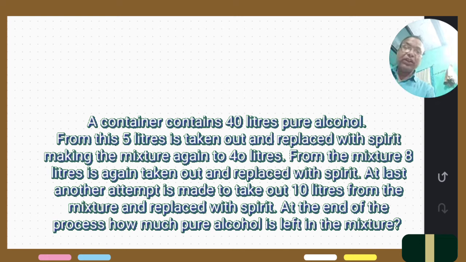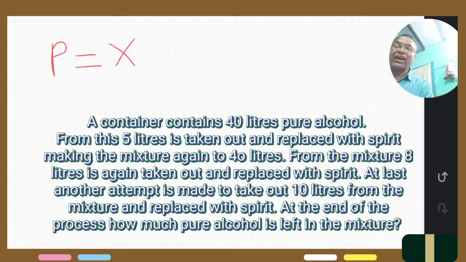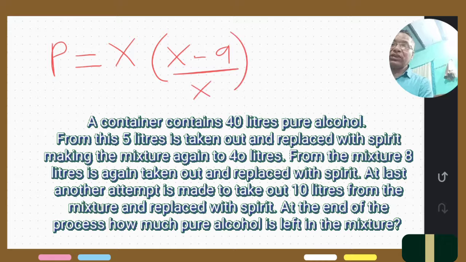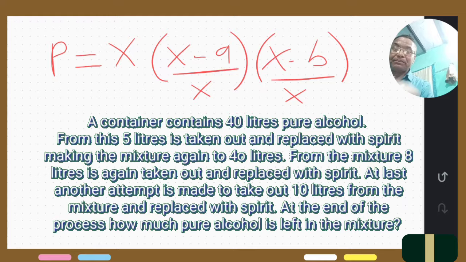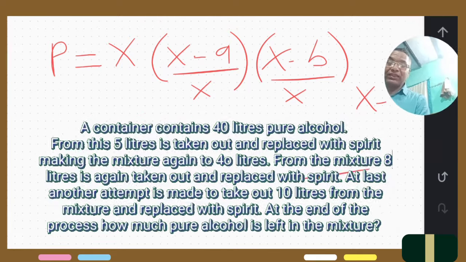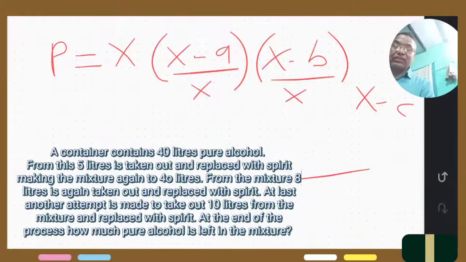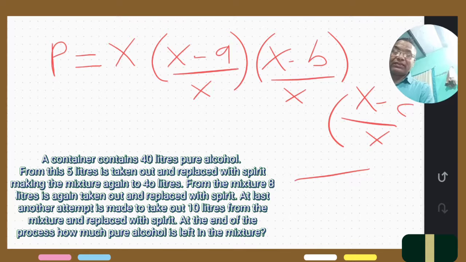Purity of alcohol, we gave the name P for purity, is equal to total contents, total contents we took X, into (X minus first withdrawal A) upon X, into (X minus second withdrawal B) upon total content X, into (X minus C) upon X.